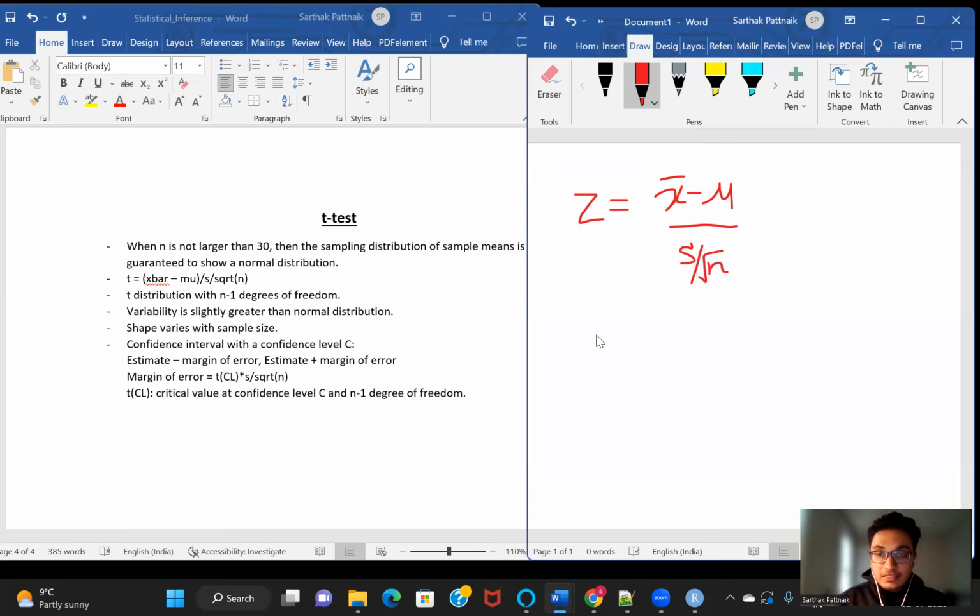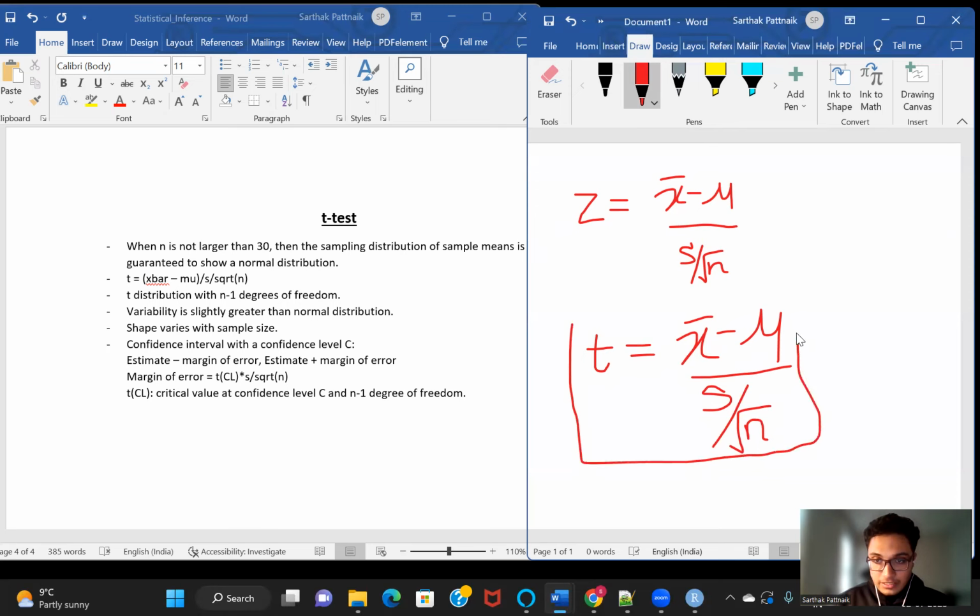In this case, for calculating the test statistic for t-test, it remains the same: x bar minus mu upon s upon root of n. This value of calculating the test statistic remains the same for t-test. Only thing is, you need to remember, you need to apply z-test when n is greater than or equal to 30, and t-test when the number of samples is less than 30.